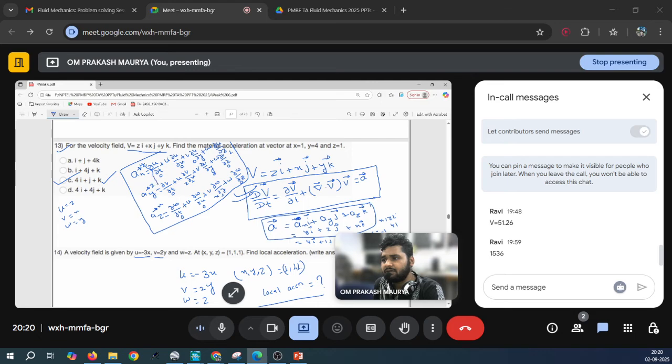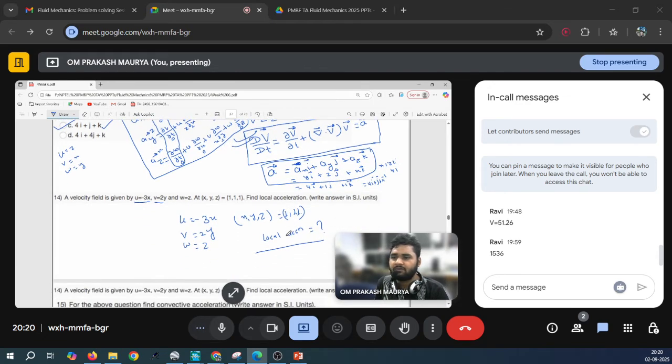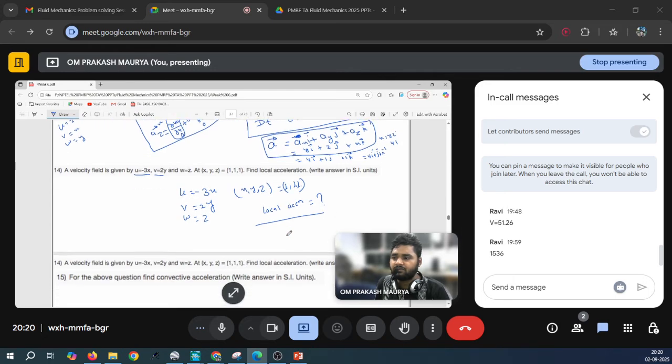So this term is your local acceleration. So in ax, you have local acceleration del u by del t. In ay, you have local acceleration del v by del t. In z direction, acceleration is del w by del t.